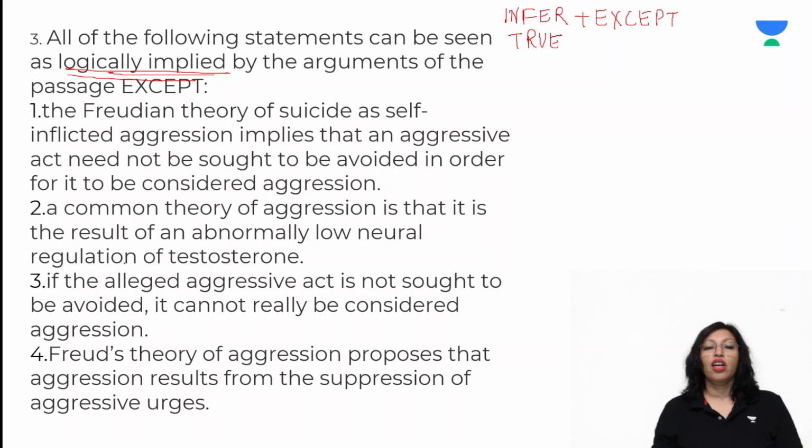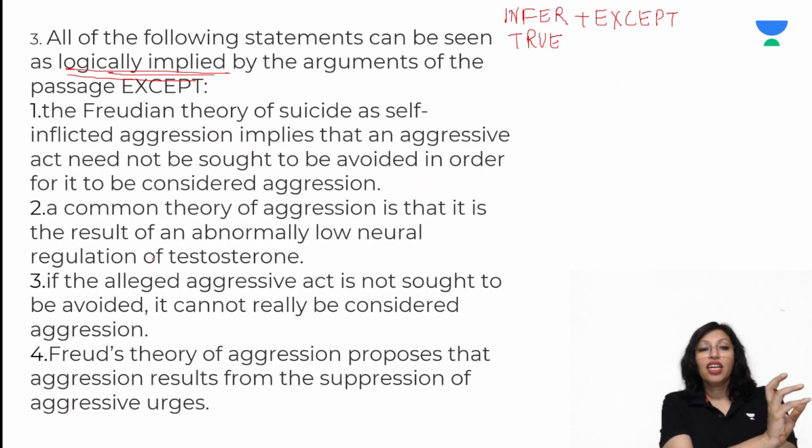The Freudian theory of suicide as self-inflicted aggression implies that an aggressive act need not be sought to be avoided in order for it to be considered aggression. So what he's saying is that when Freud says that suicide is self-inflicted aggression, that means you inflict the aggression on yourself.